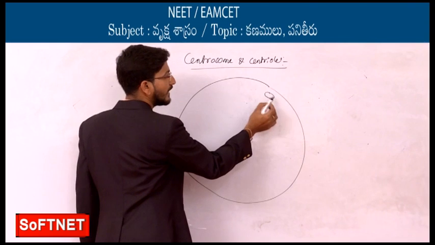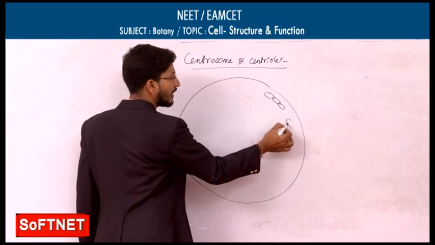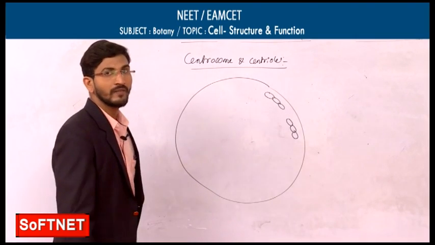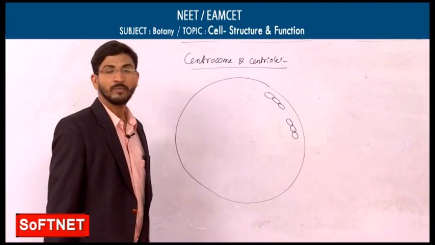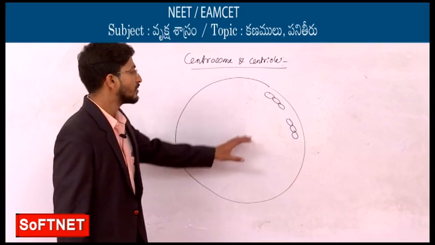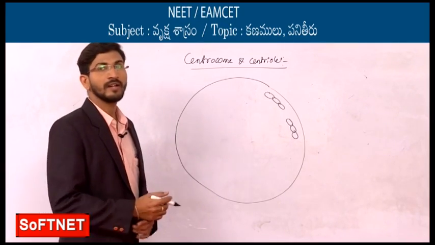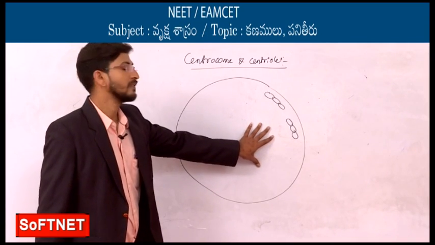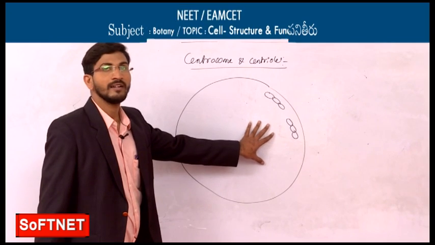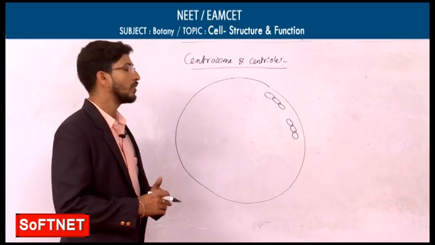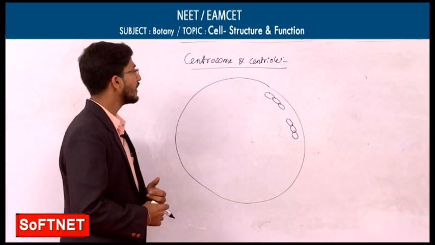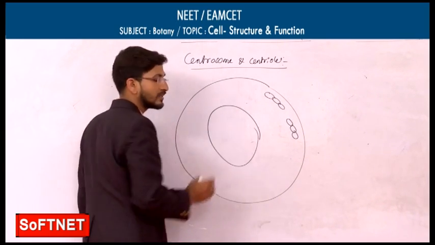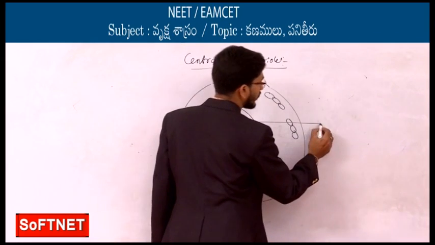Peripheral 9 fibrillar proteins are there, but instead of doublets they are triplets, each having 3 protein structures. This is about the structure of the centrosome, and centrally you will find the proteinaceous hub.